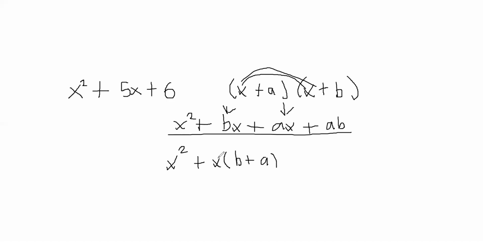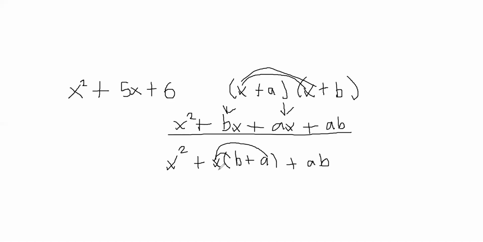And if you look at this, it makes sense because if I wanted to multiply this out again, I would get x times b plus x times a. So I know that I factored out this x correctly. And then the ab is just going to be the same, two constants and no variable there.